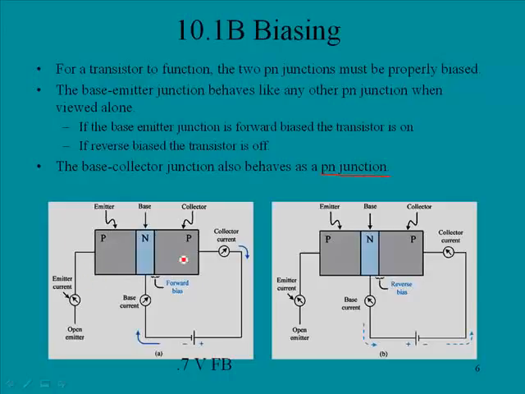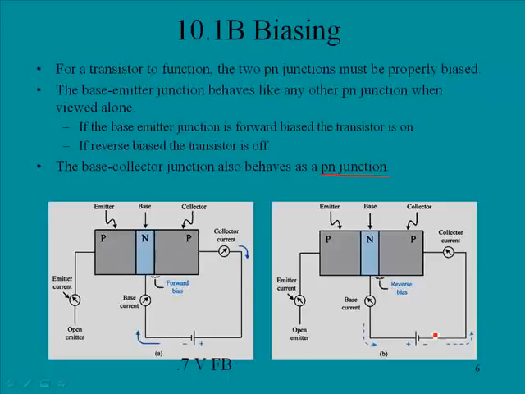Now, when we're looking at these two scenarios here, the emitter has been taken out of the circuit and there's no current, and the emitter is essentially open. What we've done here is we've connected a battery across the collector base junction. In this case, the collector base junction is forward biased, and we are experiencing current flow, much like a diode.